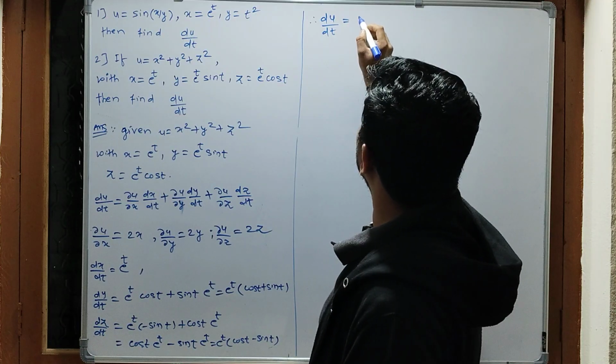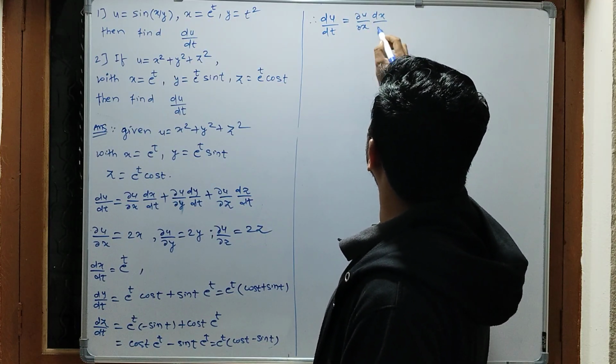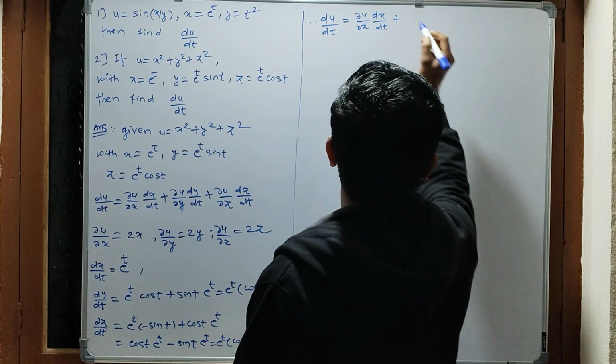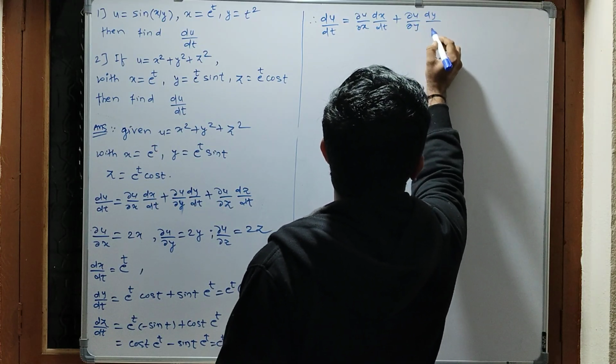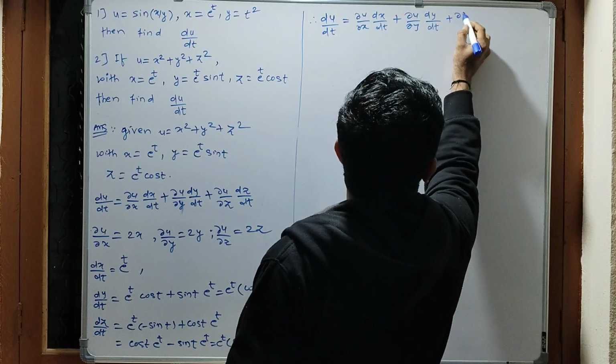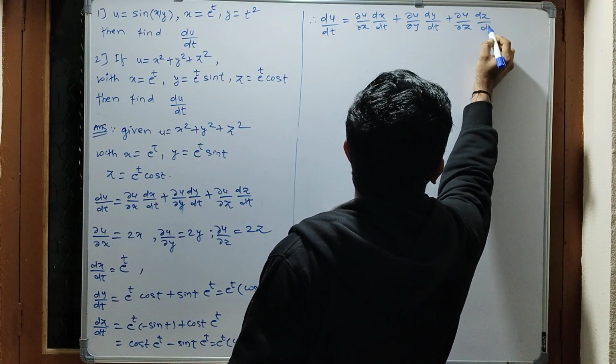So through x into dx by dt plus through y into dy by dt plus through z into dz by dt.